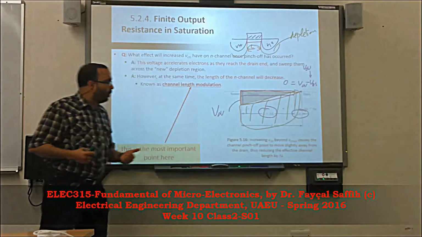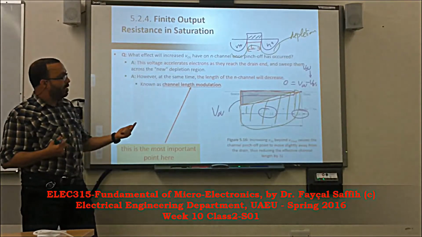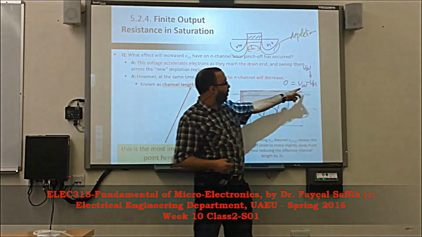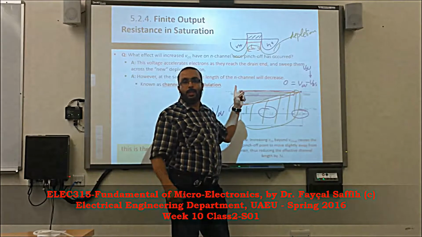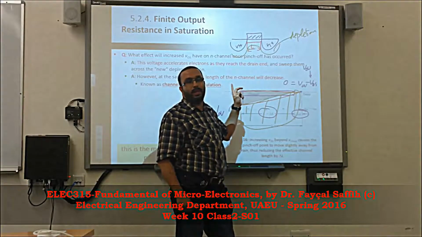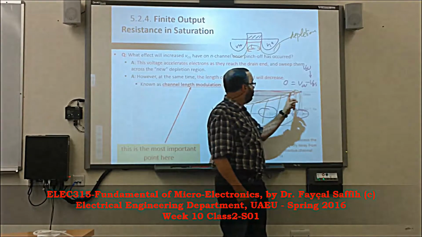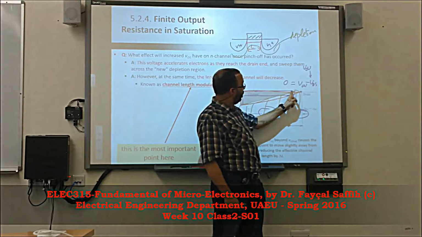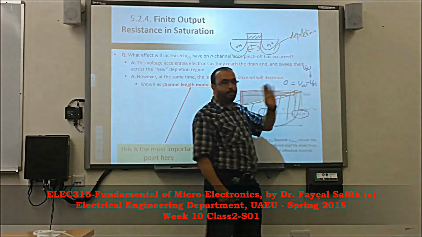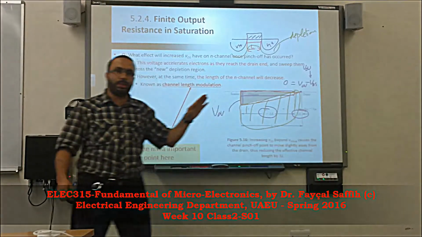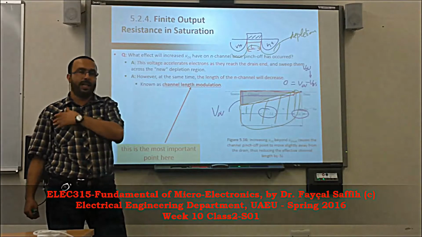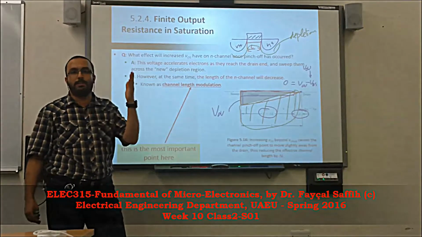So we observe first of all that the channel has decreased. And second, the current is going from the drain to the source, yes or no? But the electrons effectively are going from the source to the drain. So the electrons come through the channel, and at the tip of the pinch off, they are shot, like a gunshot, at a very high speed. At the maximum speed they can reach.